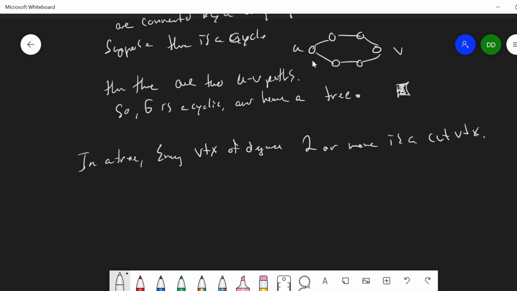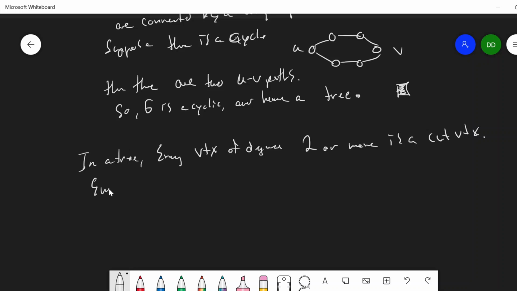And that follows from this theorem, right? Between any two vertices, there's a unique path. So if a vertex has degree 2 or more, then it has two neighbors that I can pick. There's a unique path between them, and so every path between them goes through that central vertex, and hence it's a cut vertex.